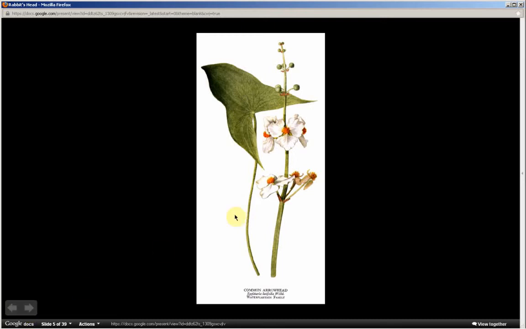The flowering stalk, again, is quite erect. It is also very finely ribbed.